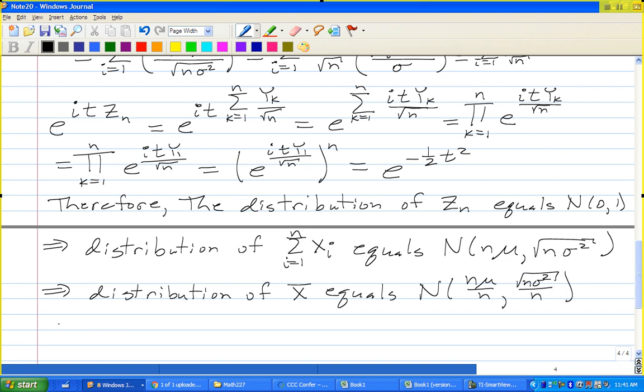Well, the n's cancel. So that's just mu. And dividing by n, that's radical sigma squared over n, which we usually write as sigma over radical n. And that's what you wanted to show. Okay? Good.